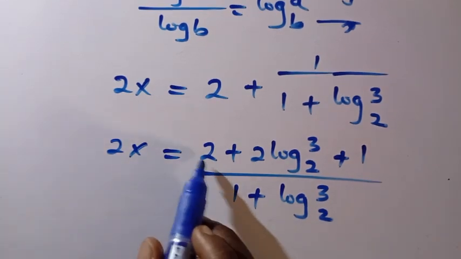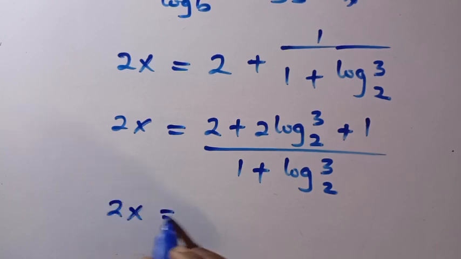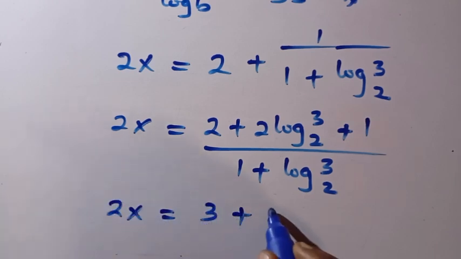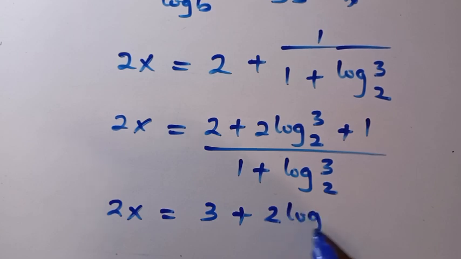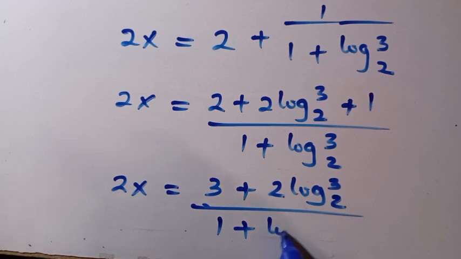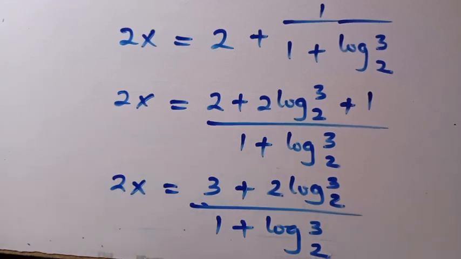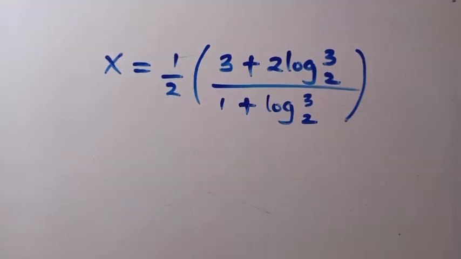Then 2 plus 1 gives us 3. So we have 2x equals 3 plus 2 log 3 base 2, divided by 1 plus log 3 base 2. And by dividing both sides by 2 here, we get the final answer.